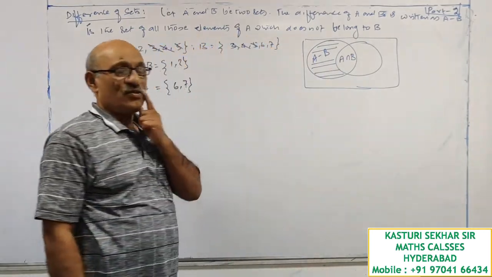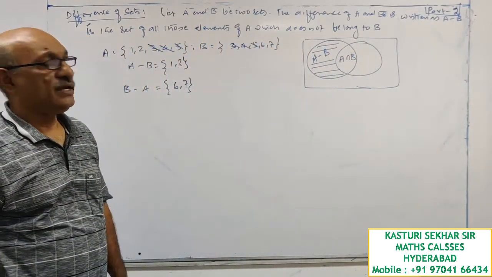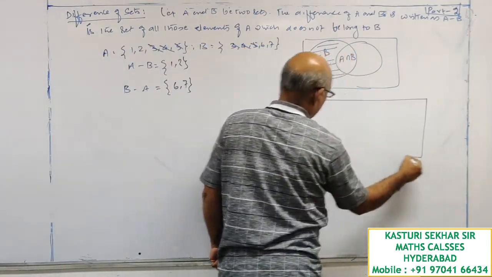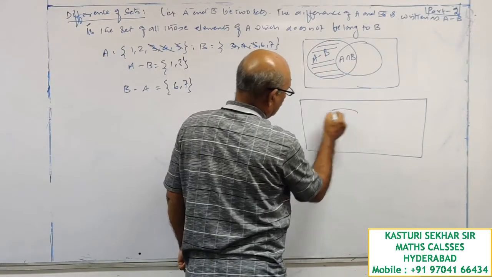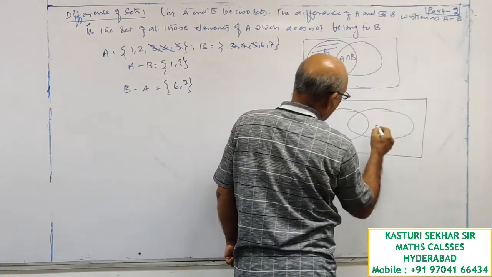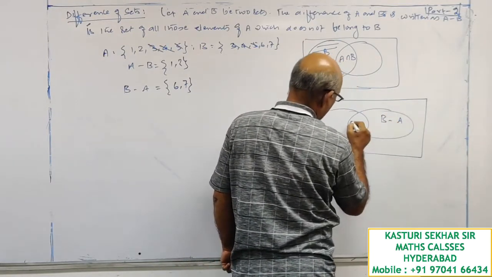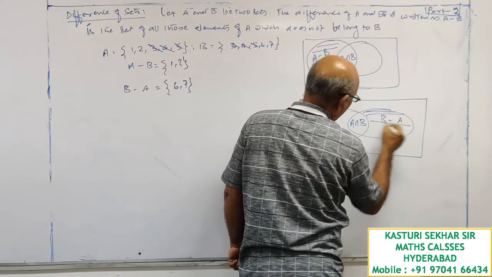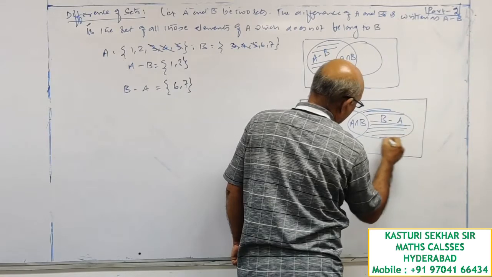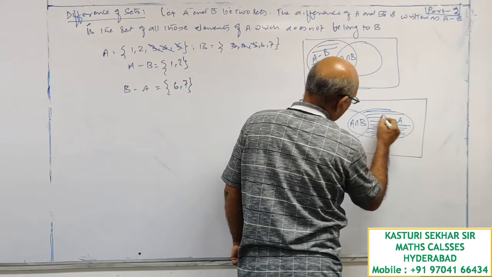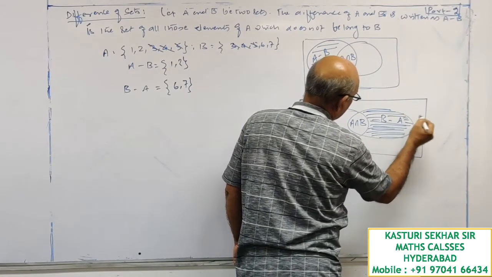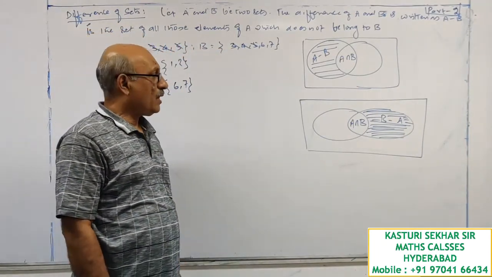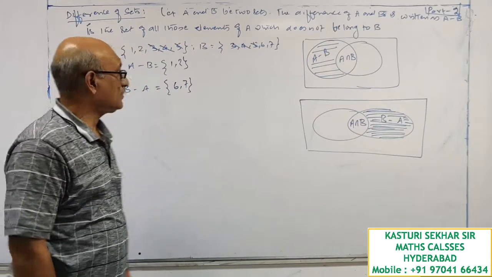This is A minus B. Elements which are in A but not in B. B minus A is this one, A intersection B. So B minus A means this part.